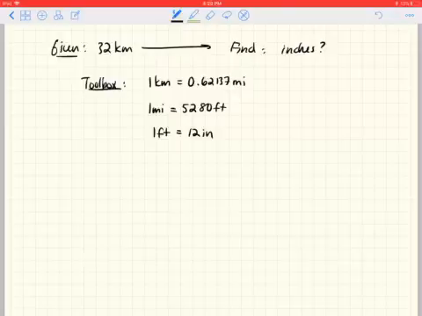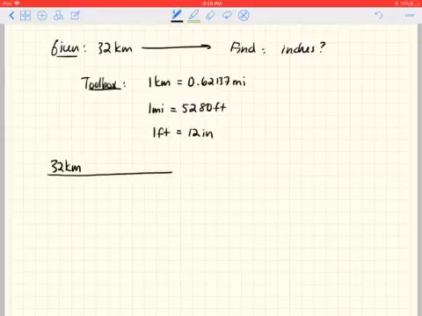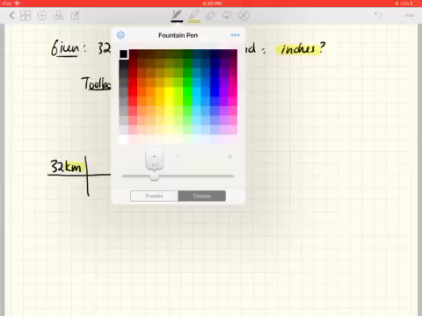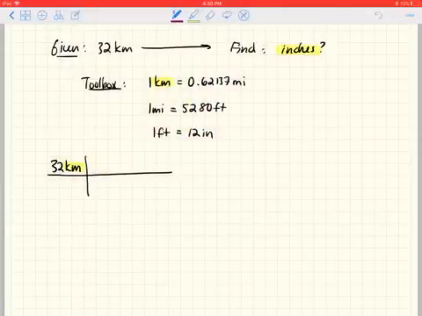So to solve this problem, you again start with the given information. So 32 kilometers, and I'm going to set up my grid. I have a choice of 3 conversion factors. The one that I'm going to be using is the one that links my first unit to another one. So if I look at my conversion factors, I notice that the first one is going to take me closer to my final destination, which is number of inches. So at this point, I need to set up my conversion factor, and there are a couple ways of doing this.